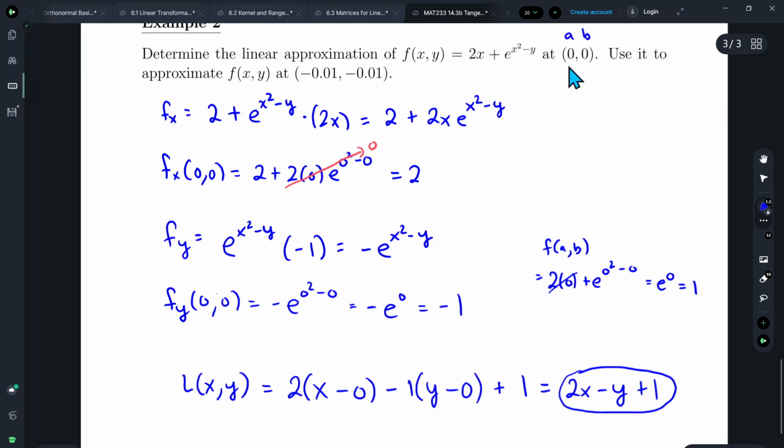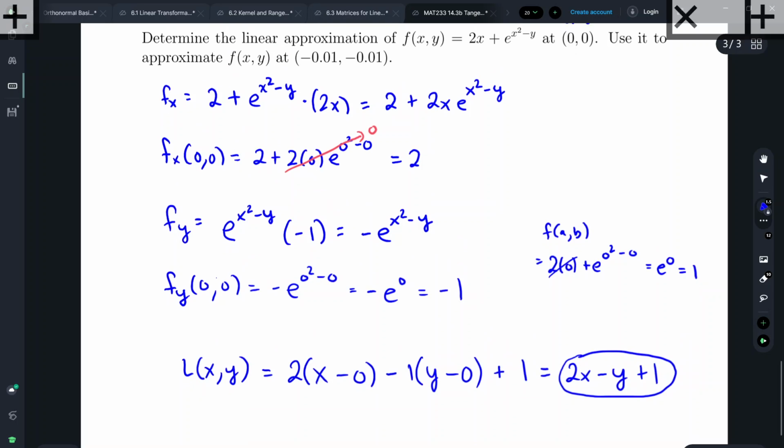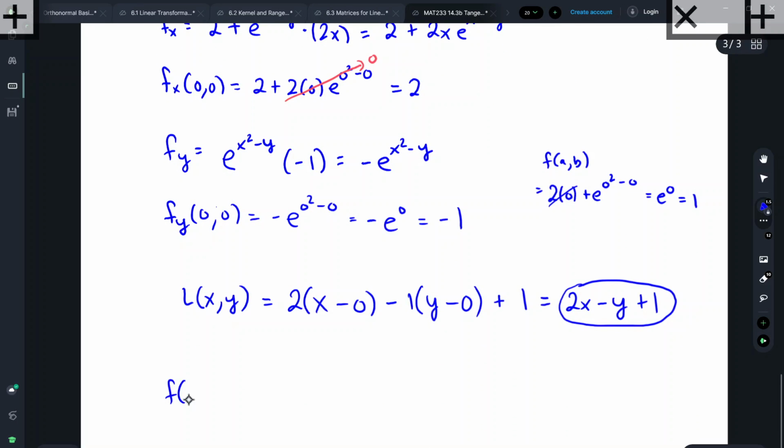Okay, so now that's the linear approximation formula at this specific point, and now we want to approximate the function value at the point negative 0.01, comma 0.01. So instead of calculating with the original function, what we're trying to do is to use the linear approximation. So we plug this into L of (x, y).